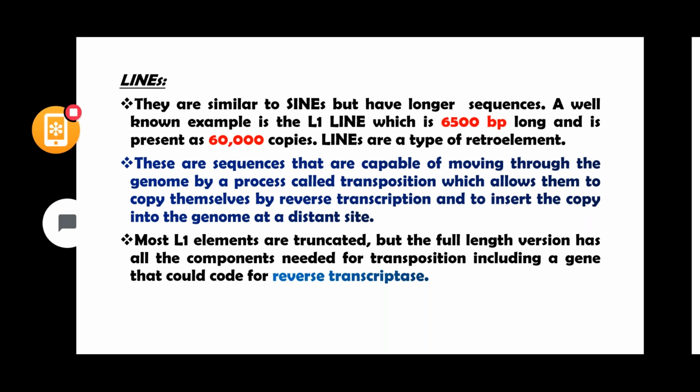These are sequences capable of moving through the genome by a process called transposition. This allows them to copy themselves by reverse transcription and to insert the copy into the genome at a distant site.